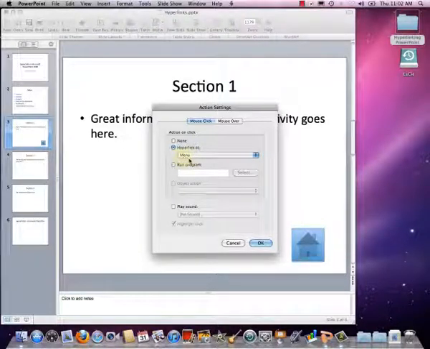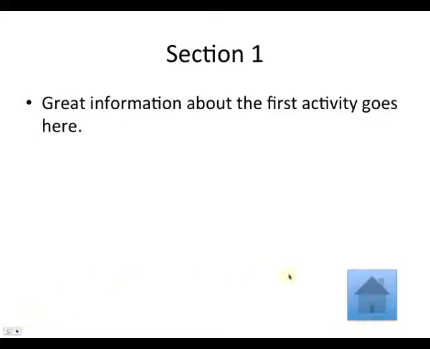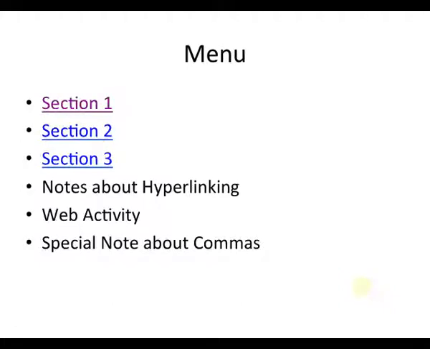That's what it's showing there, which is that specific slide, our slide number 2. And I'll click OK. And now I'm going to check to make sure that this worked. So I'm going to go into Slideshow View, and then you'll notice when I go over the button, my mouse turns into the little hand, and when I click on it, it takes me to the menu, and that is great.